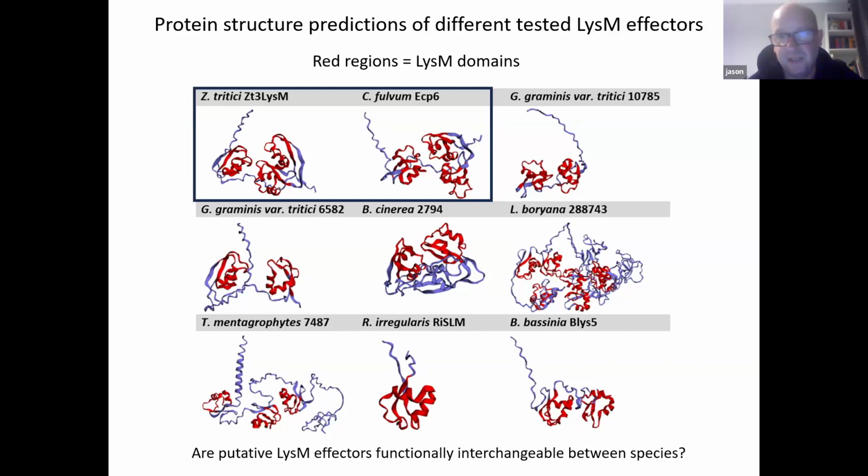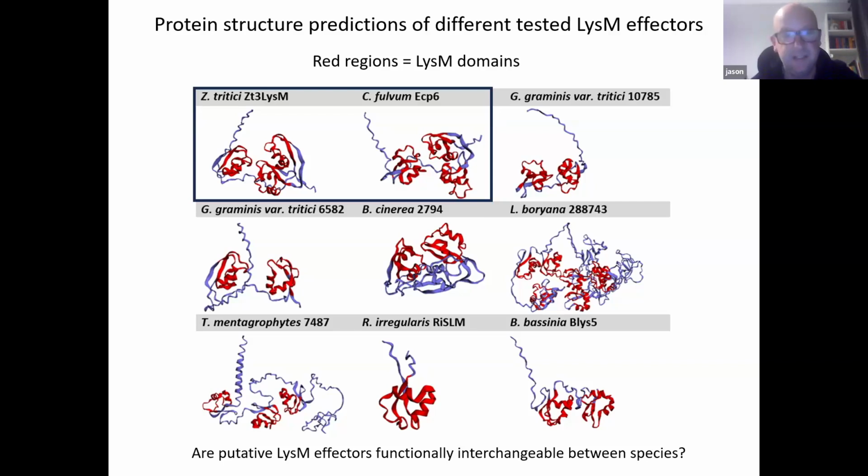But then I also let her pick out some other lysem effectors with different structures and from different species, including some from G. graminis, which is Gaeumannomyces graminis, a root-infecting wheat pathogen. So she picked a couple from there and a couple of other candidate effectors from other species from the literature.